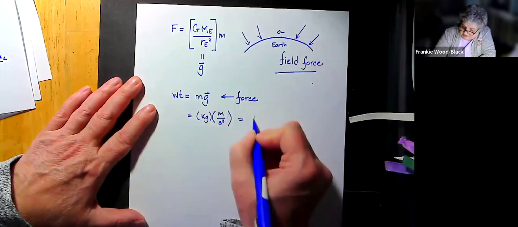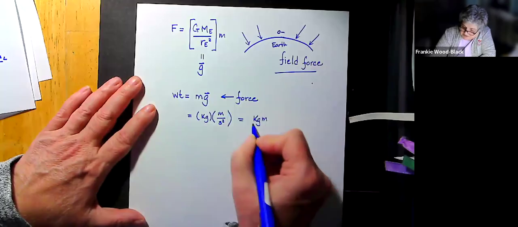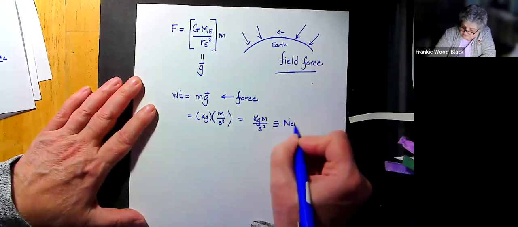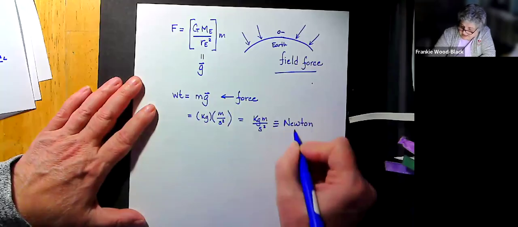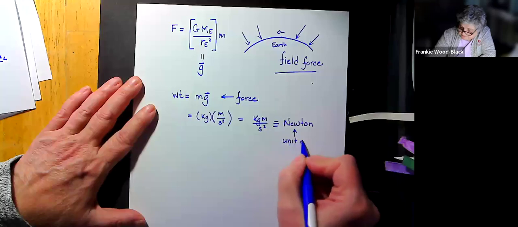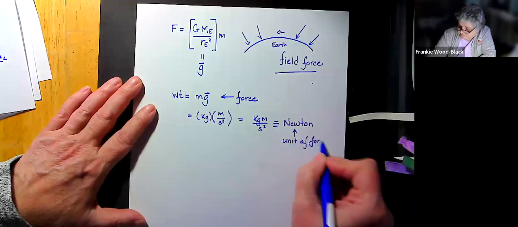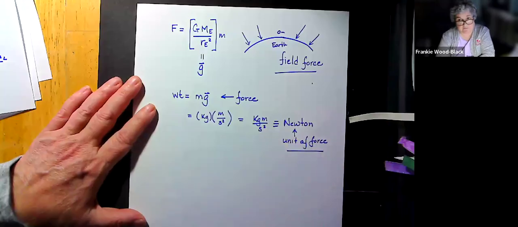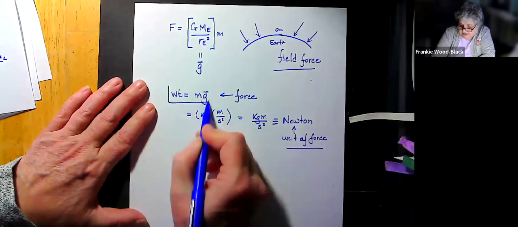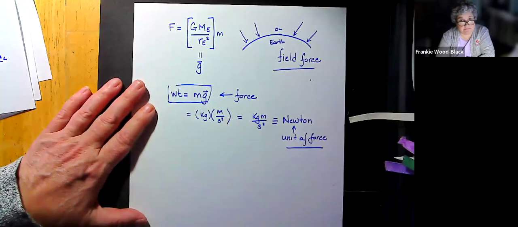And so now I've got a kilogram meter per second squared, and we're going to define that as a Newton. And that is a unit of force. So we have a unit of force, and our weight relates to this.